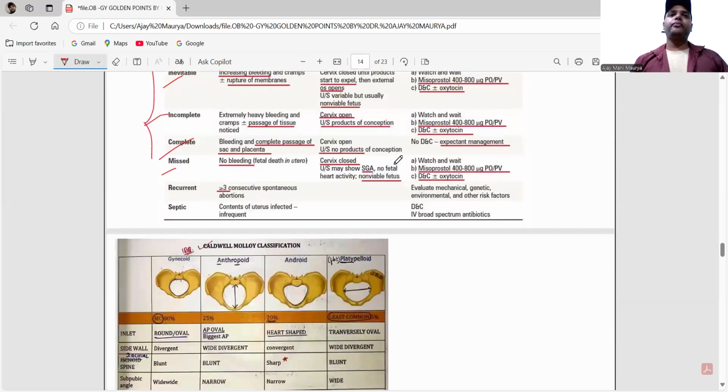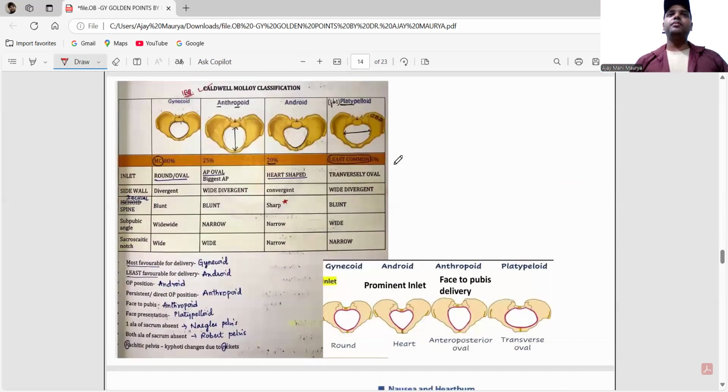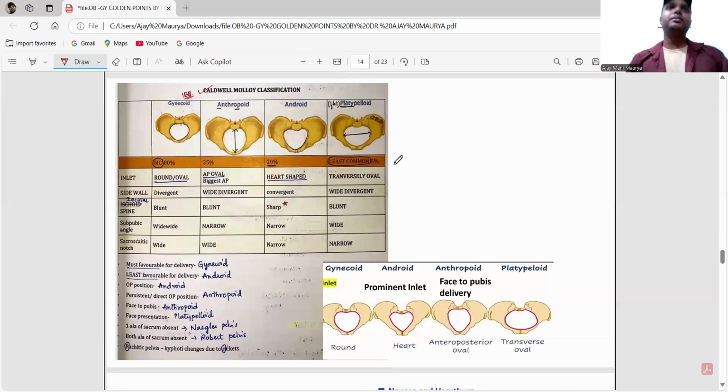Also, guys, I think everyone knows about this one. Types of pelvis: gynecoid, android, anthropoid, and platypelloid. The most common is the gynecoid. The most prominent inlet is the android.